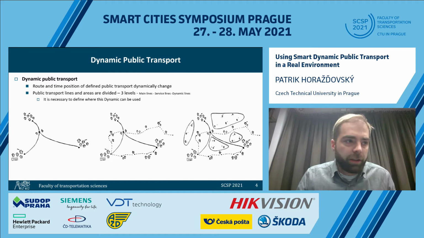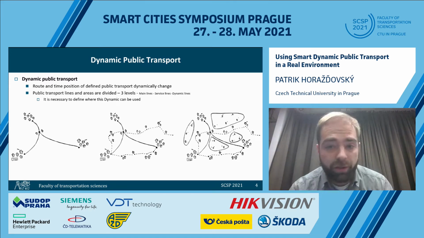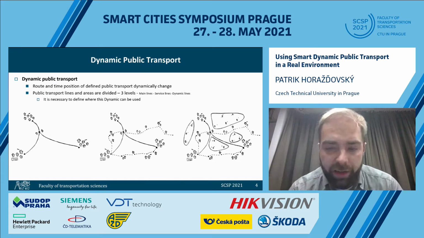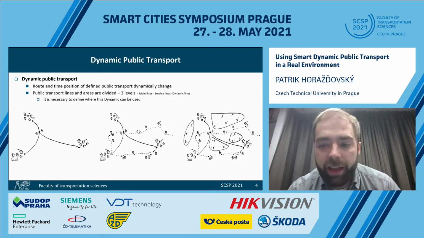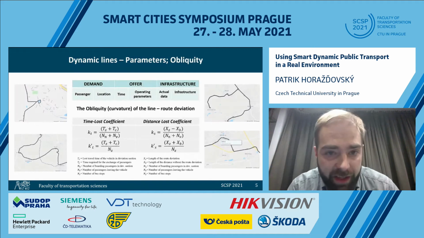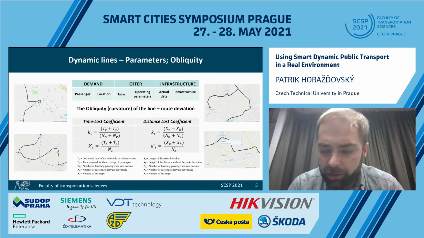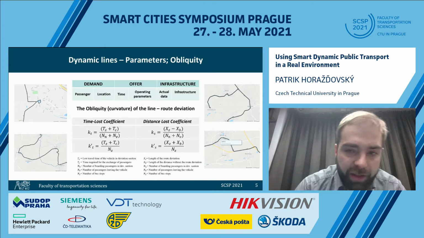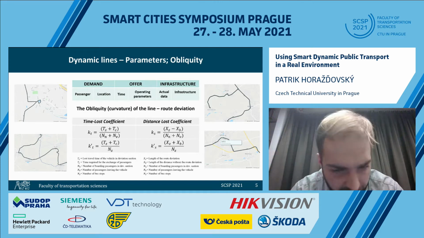If no one calls, it's not. If yes, it's in operation. This is different. The whole service depends on some demand and some other parameters. In the next slide, there are the parameters I want to discuss. It's some demand, some offer, infrastructure, maybe some ecological problems, and so on.